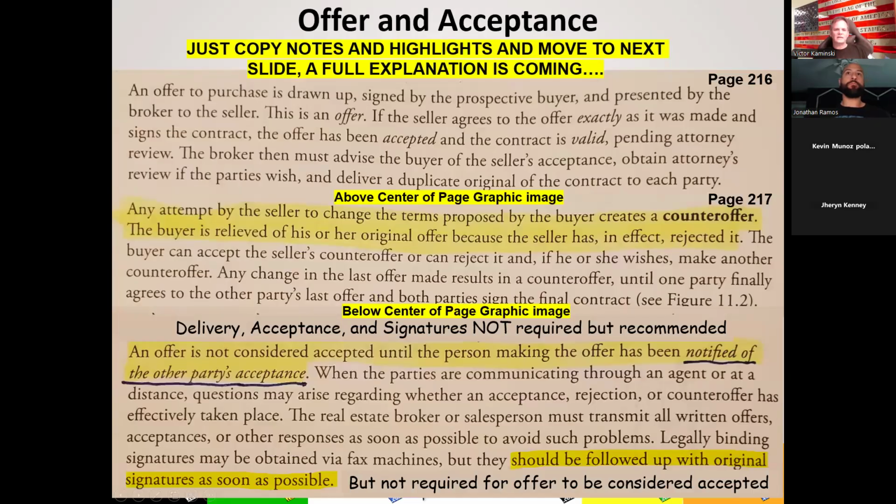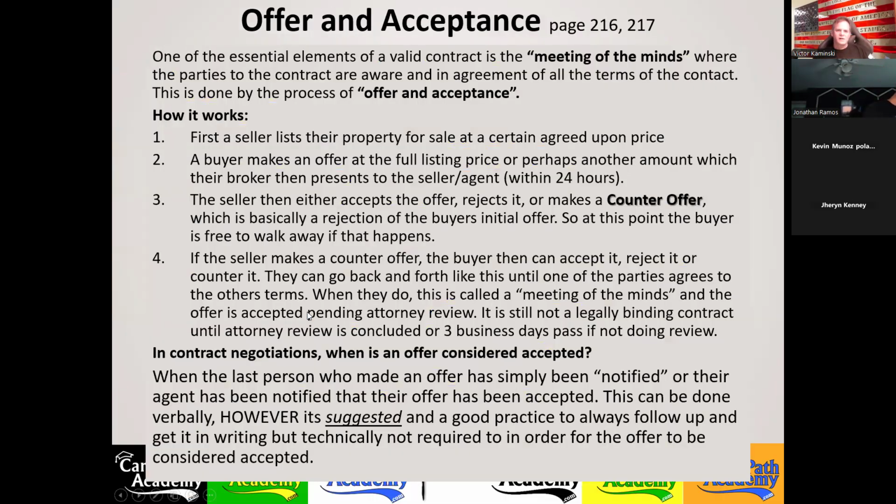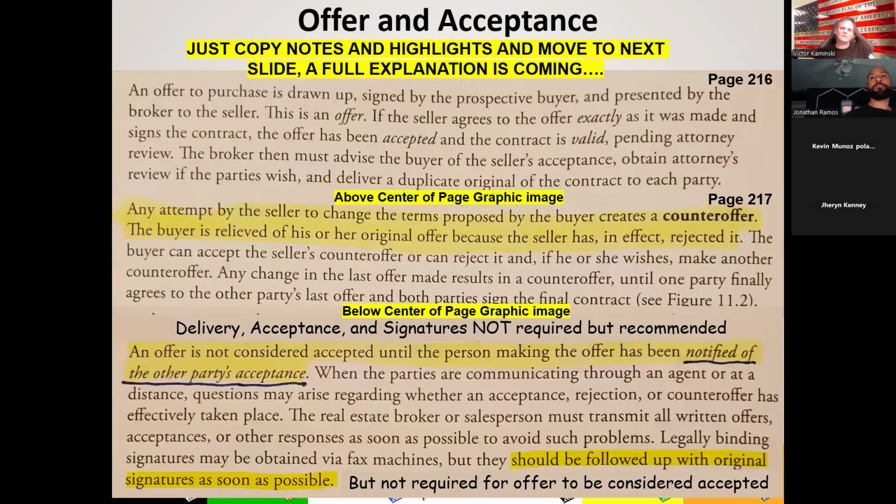So this is offer and acceptance in the book. And this is the offer and acceptance explanation that I have. So let's do these highlights, and then we'll go over to the next slide and actually read it from mine.